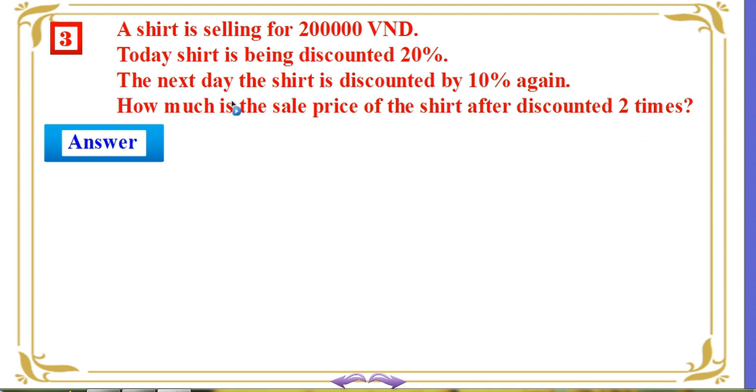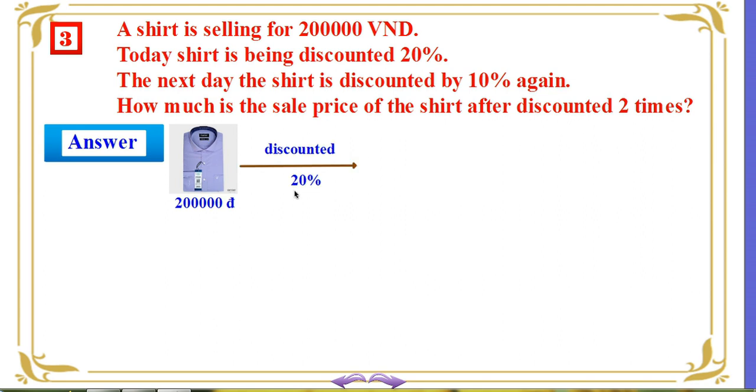The price of the shirt is 200,000 dong. A 20% discount means the discount is 20% of 200,000. The calculation is to replace the word "of" with multiplication.